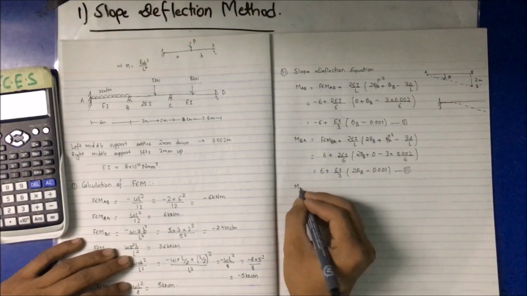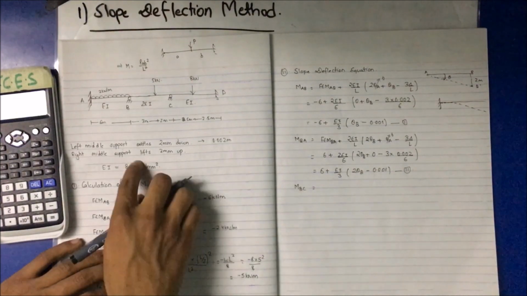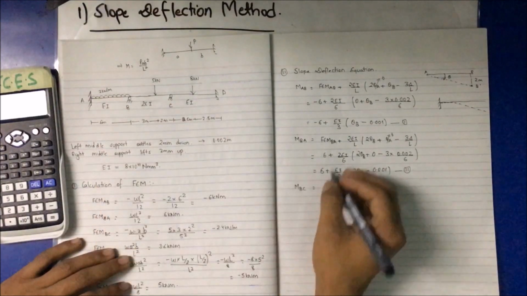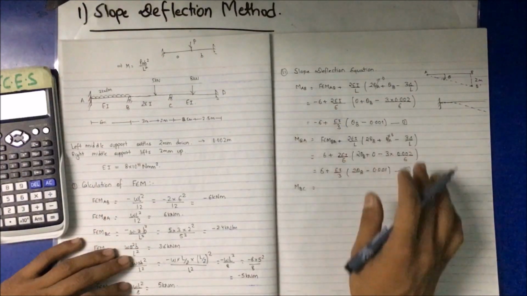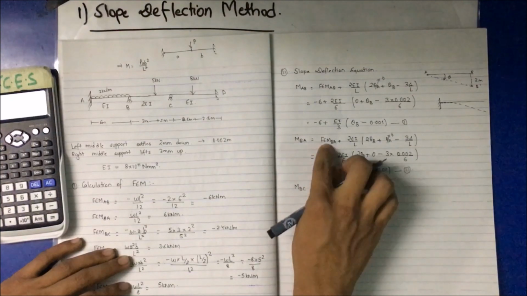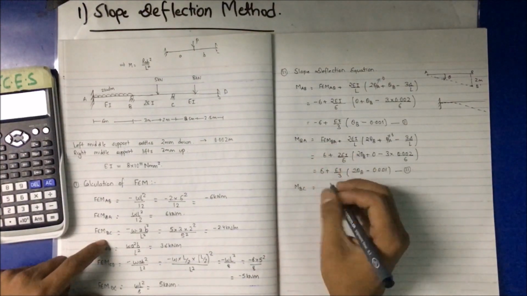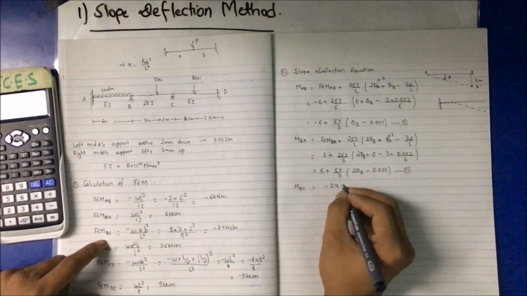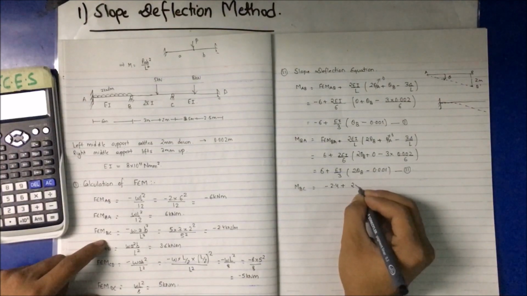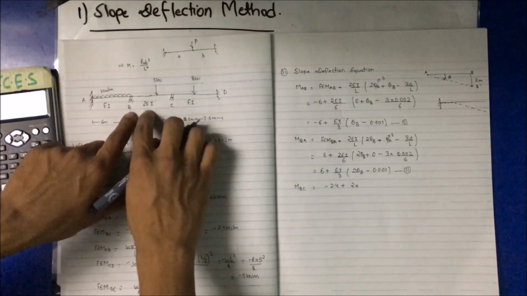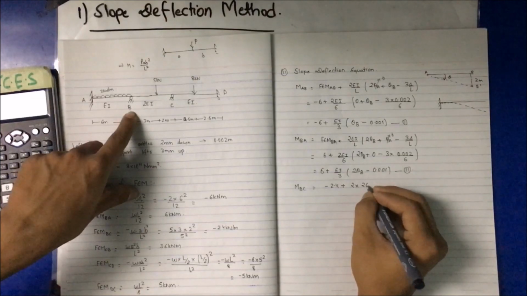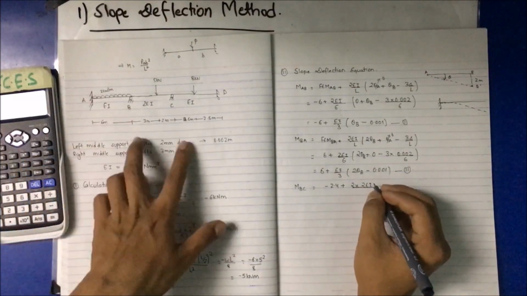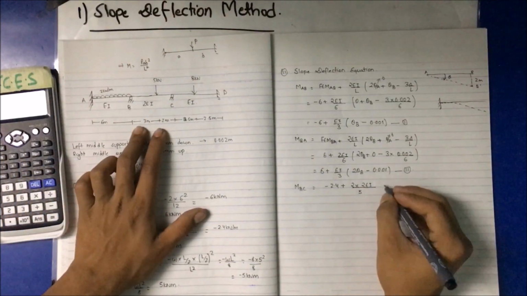Now for BC, okay. In BC portion, fixed end moment, now I'll not write the formula, I'll just put out the value. So fixed end moment for BC is minus 2.4 plus 2 into 2 EI, because the stiffness is twice EI, so 2 into 2 EI, the span length is 5.